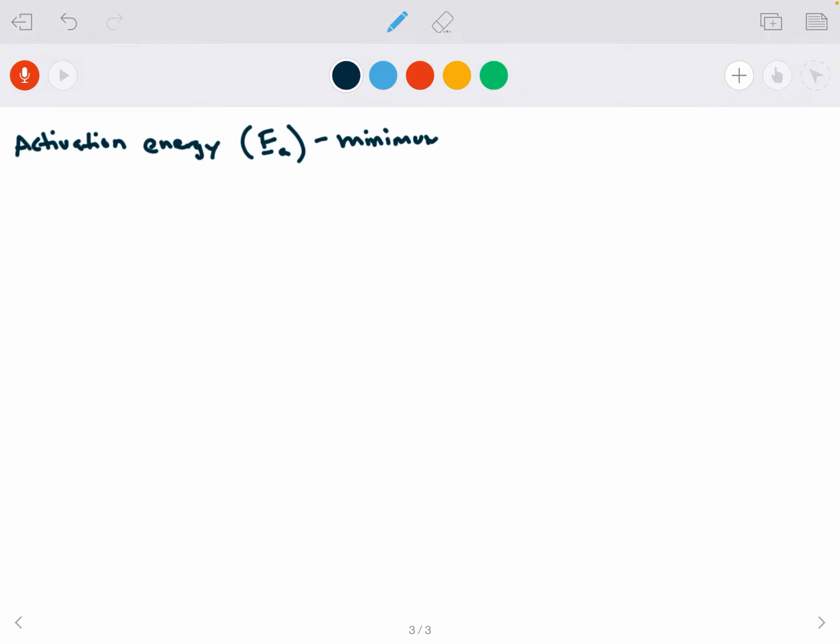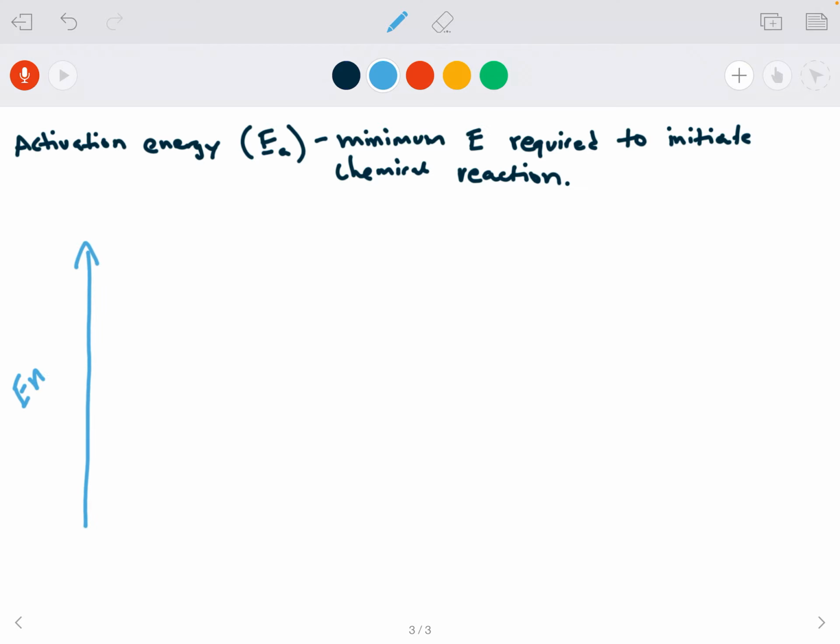So minimum energy required to initiate your reaction. So the graph I'm going to put below does a good job of visualizing this. So we've got energy on this axis and time over here.